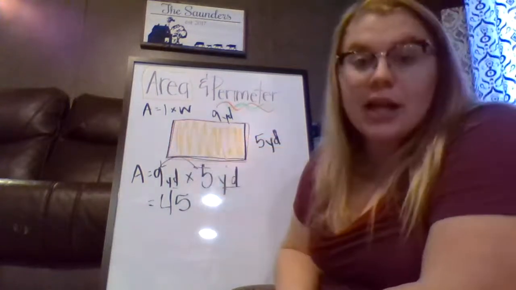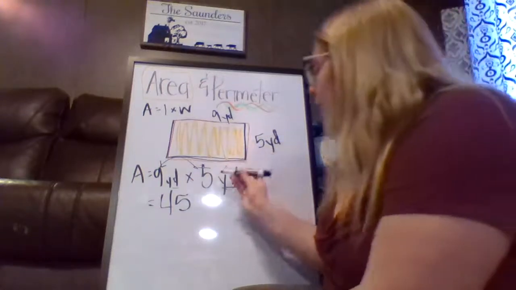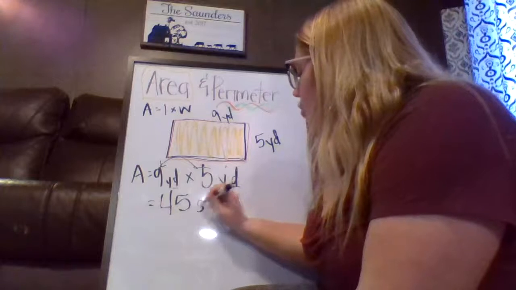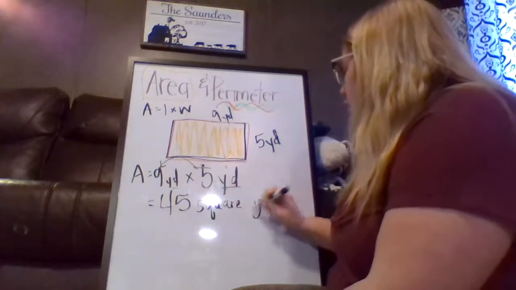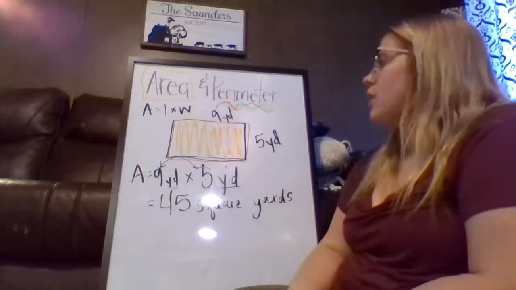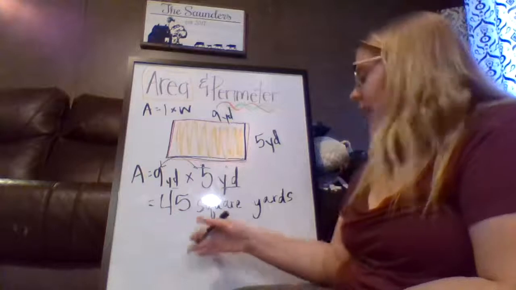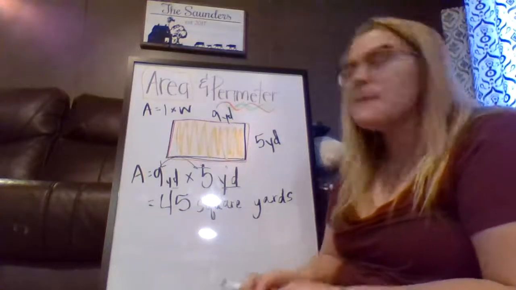Now we have to multiply units. So when you do yards times yards, when you do area, that turns into square yards. So John would need enough grass seed for 45 square yards.